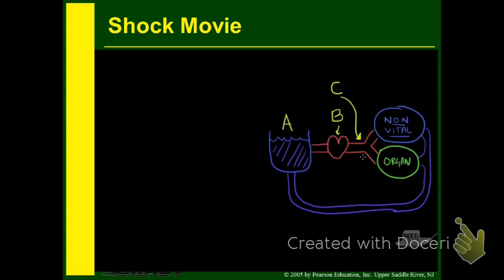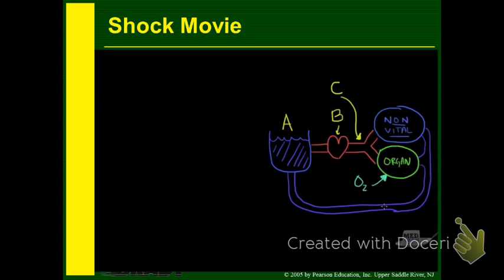So let's figure out what's happening in the normal system. So you've got blood. Blood goes to the heart. The heart then pumps blood to the non-vital and the vital organs. And why does this happen? This happens because you need oxygen. Oxygen needs to get to these organs. Otherwise, these organs will go into shock. So what is shock?